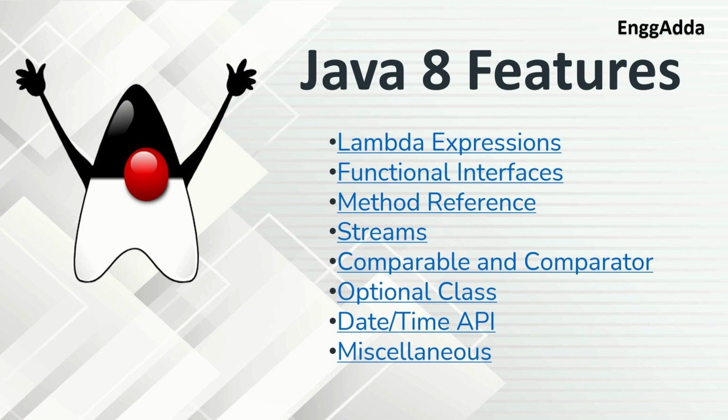These are the features that Java 8 provides us, and these are the features that we are going to discuss in this whole series. In this video, we are going to discuss these features in brief, and then in the coming videos, we'll pick up one feature at a time and explain those features through real implementation. So let's get started.